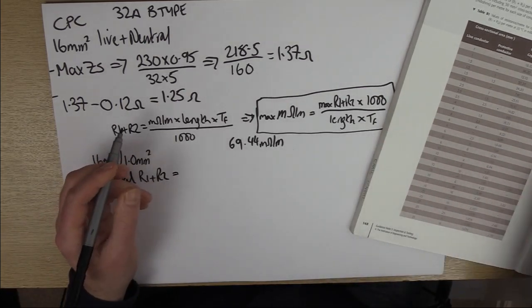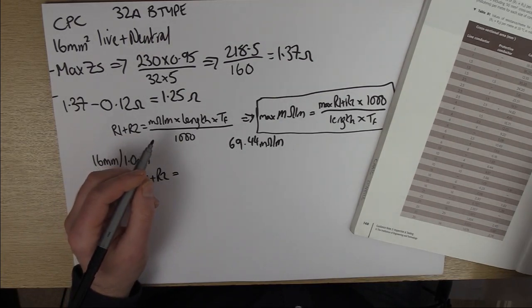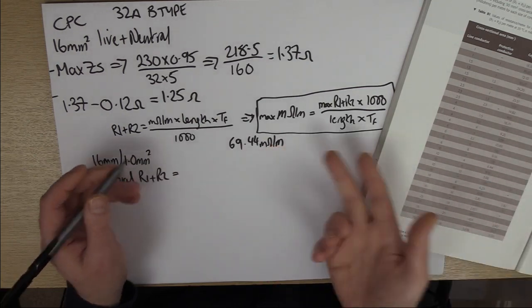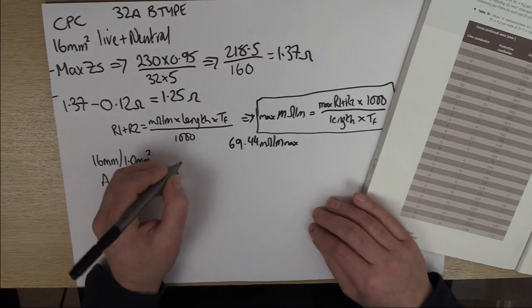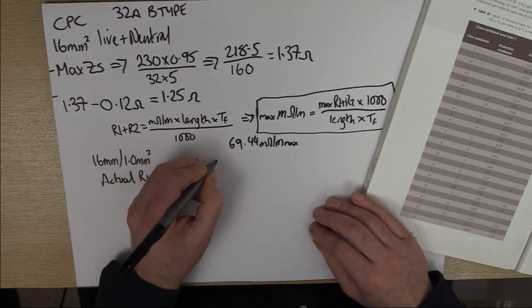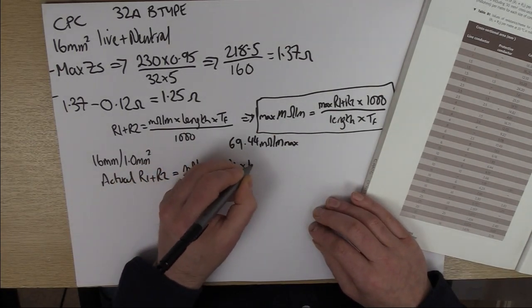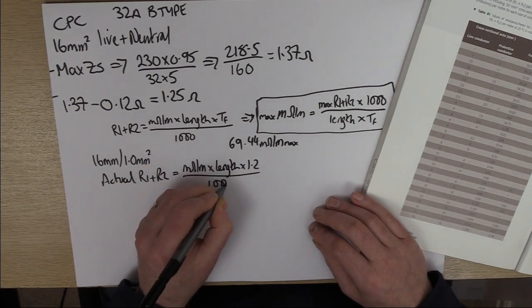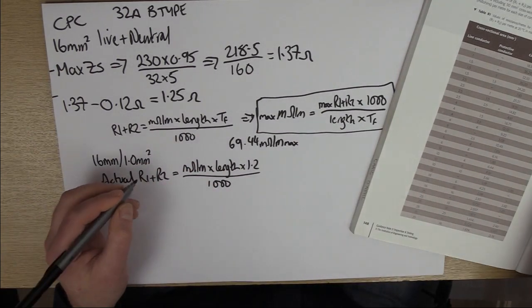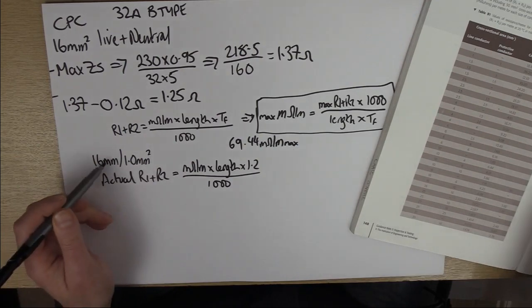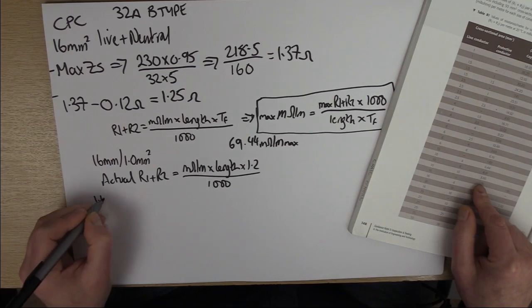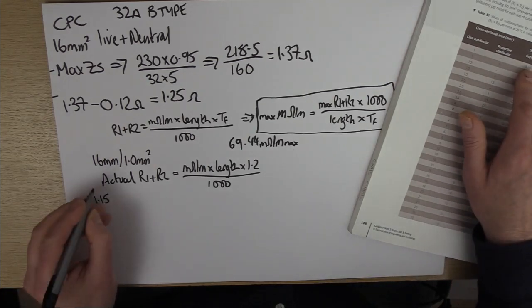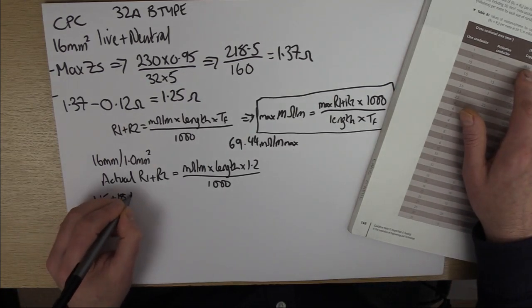It seems certain that most of them are going to work because they're all under this number. Max. So milliohm per meter times length times 1.2 over 1000. So we've got 16 mil on its own is 1.15, and then 1 mil on its own is 18.1.